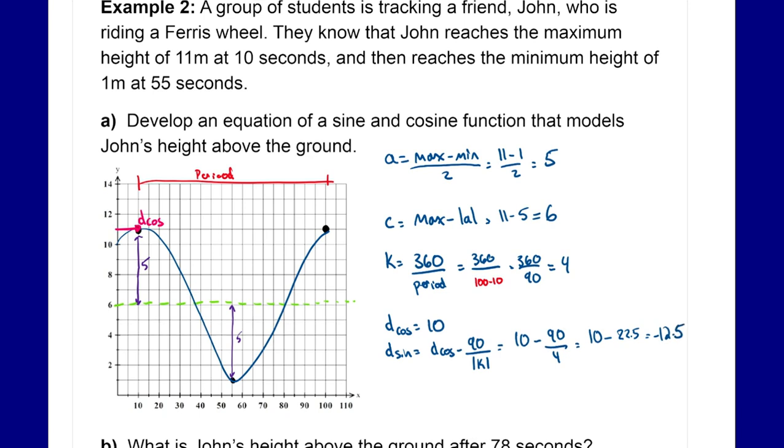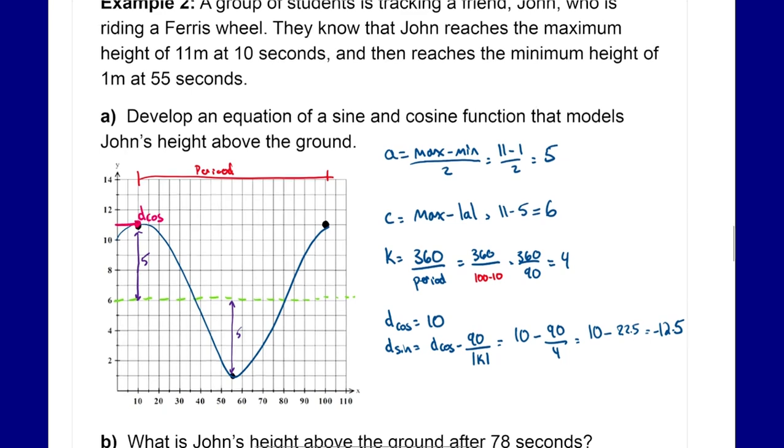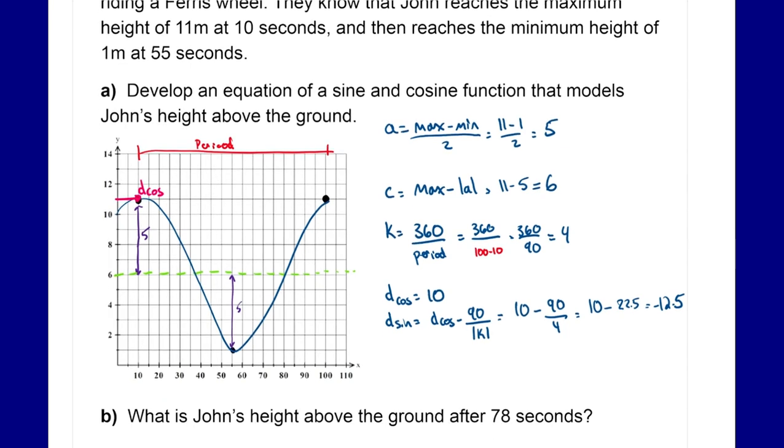So again, different ways we can come up with these values, right? But because we can't really see where sine is, the cosine is easy to find, and then we can go backwards to find our sine, or the horizontal shift for sine.